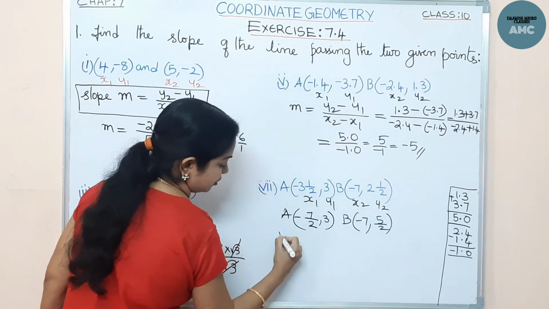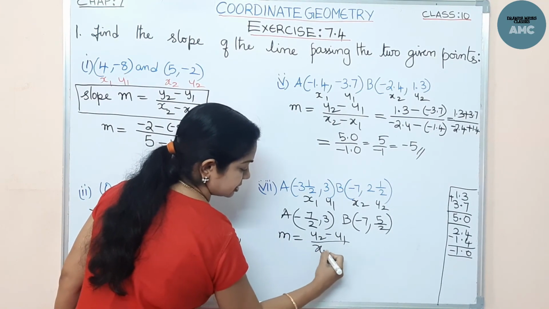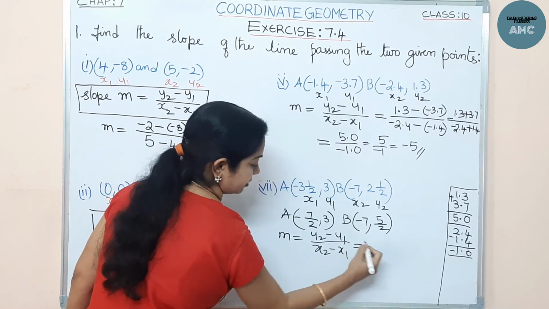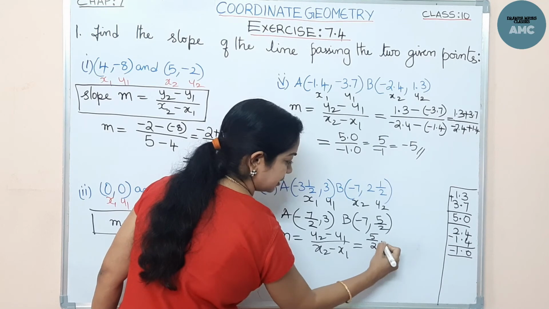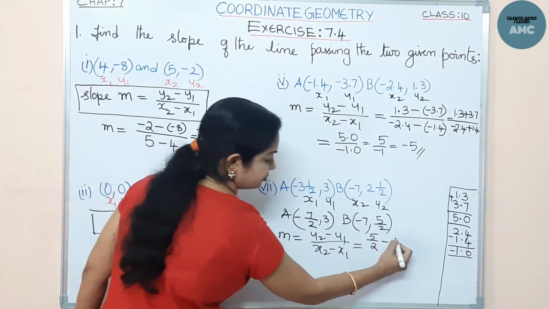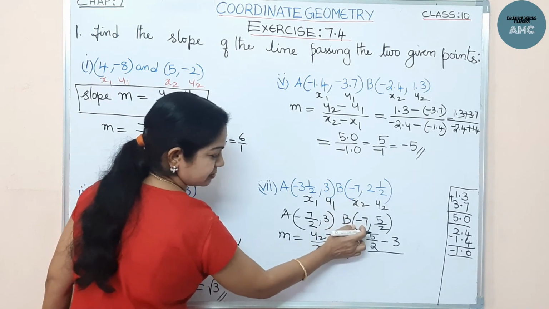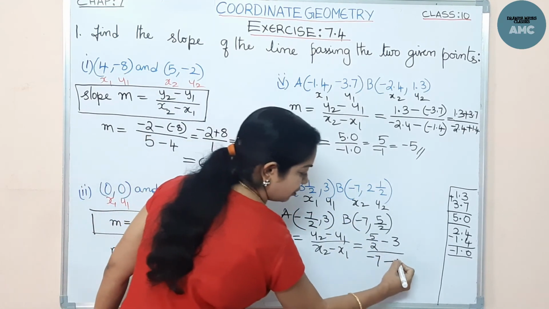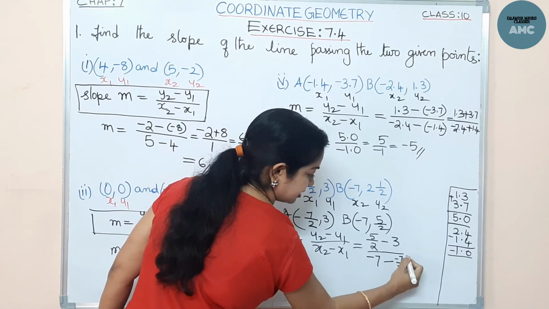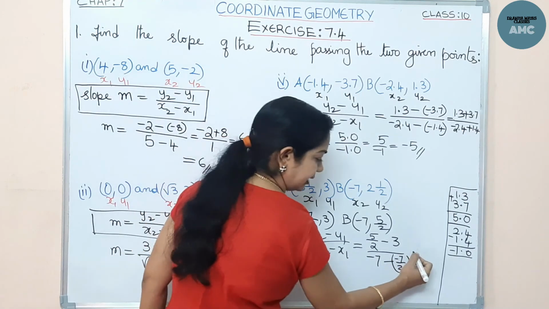Now here the slope m is equal to y2 minus y1 by x2 minus x1. So y2 is 5 by 2 minus y1 is 3. Right. Again x2 is minus 7 minus x1 is again minus 7 by 2. These are the fractions, we have to go by the LCM.